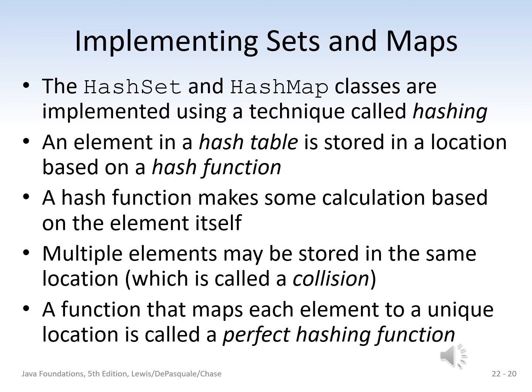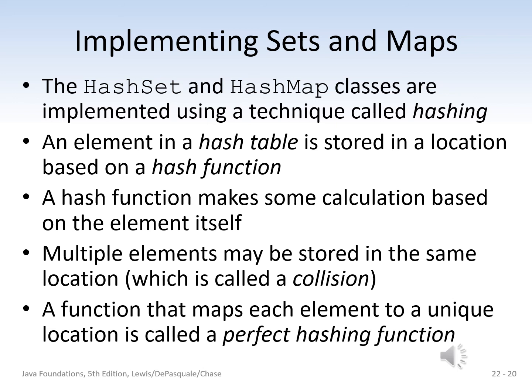And a hash function does some calculation based on the element itself. In a hash table, multiple elements might be stored in the same location. And this instance is called a collision.